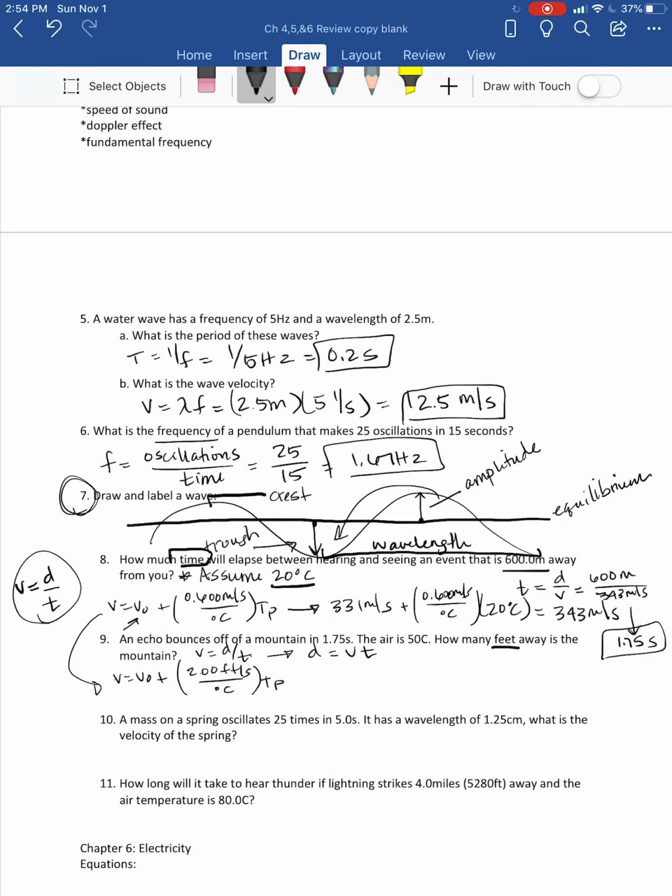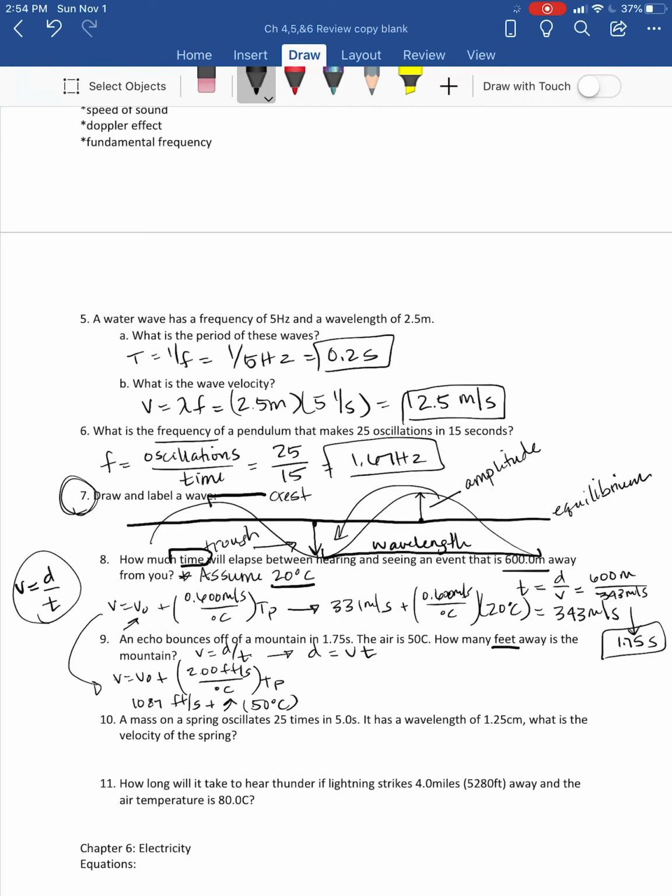If you go to the table, at 0 degrees the initial velocity is 1,087 feet per second, plus 2 feet per second per degree Celsius, and you multiply that by whatever the temperature is.